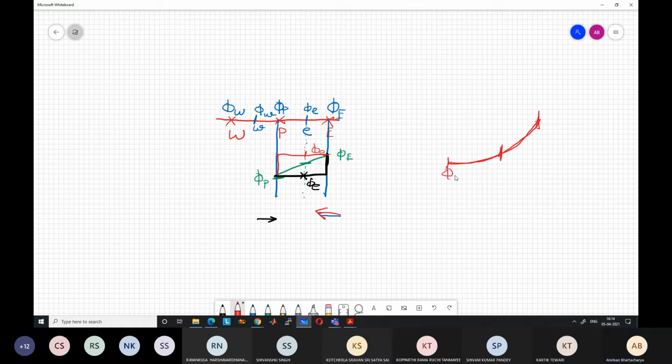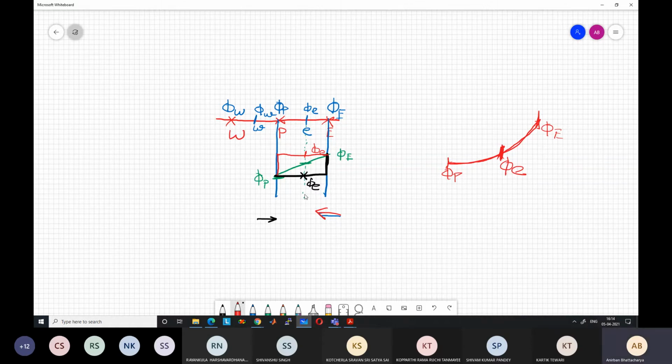If the variation is logarithmic, we will fit a logarithmic curve, and if it is polynomial, we will fit a polynomial curve between phi P and phi E and find the interface value from that. So we want to see what the variation is, instead of blindly trying to guess it.